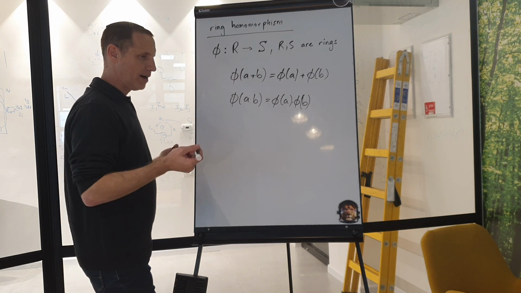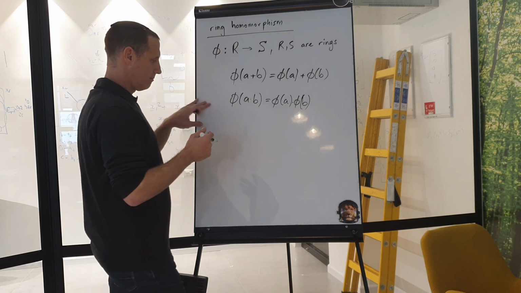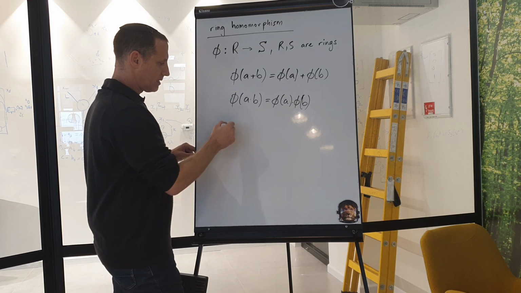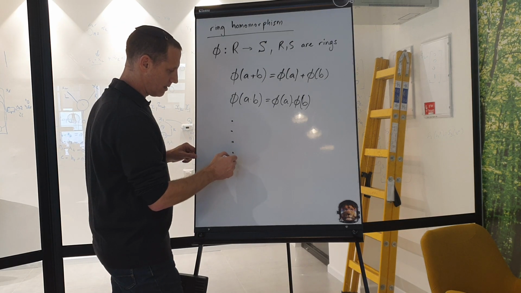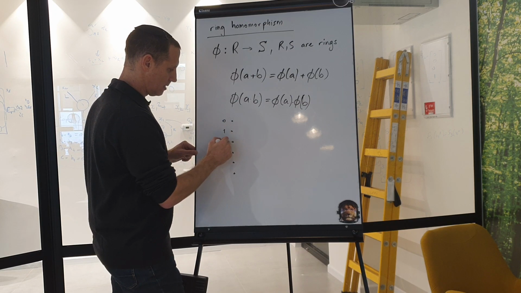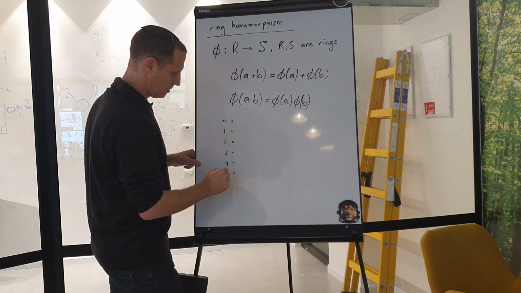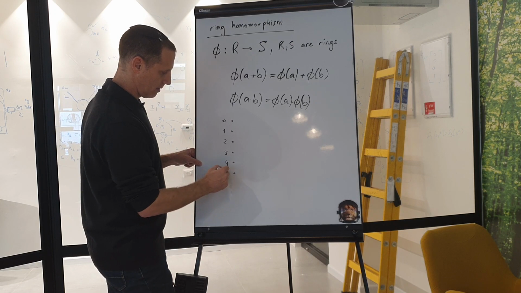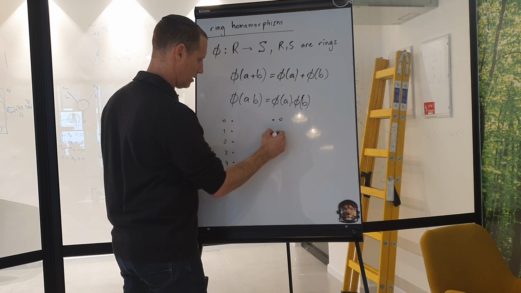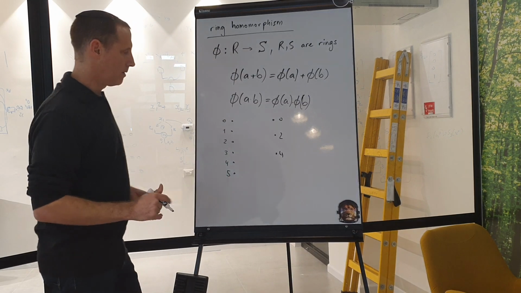Okay, so what if I did something like this? I don't know. I mean, maybe this is wrong, but I think it's not. You tell me, okay? Let's say that I had here, let's just look at the positive ones. Just trying to show an idea, and this would be 0, 2, 4, right? Okay.